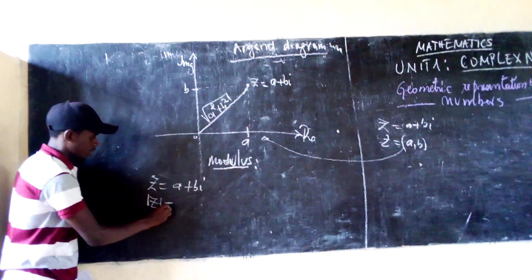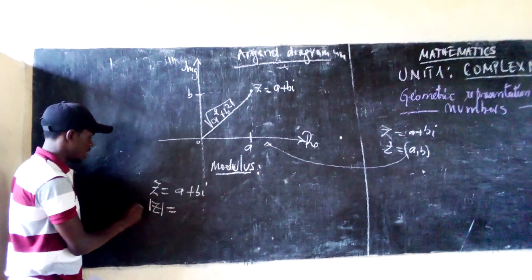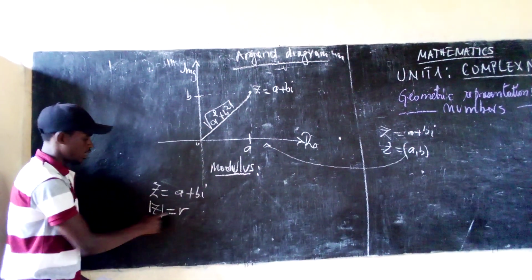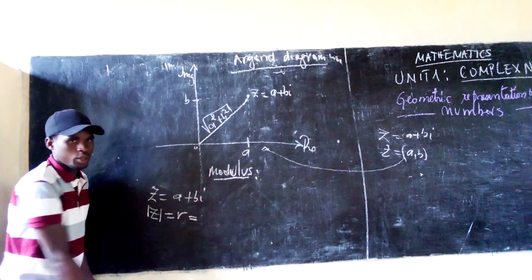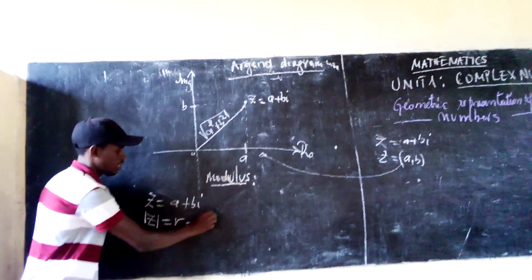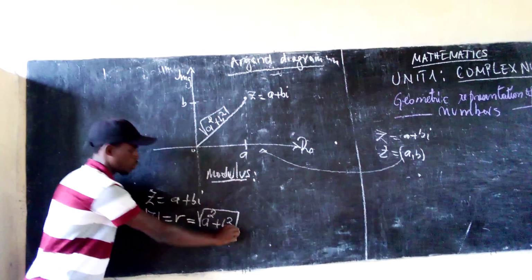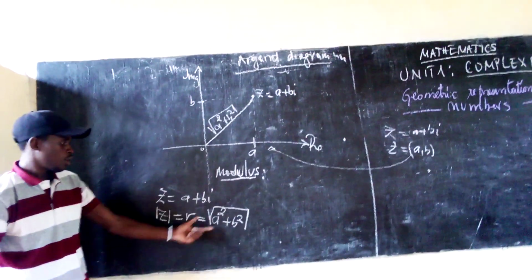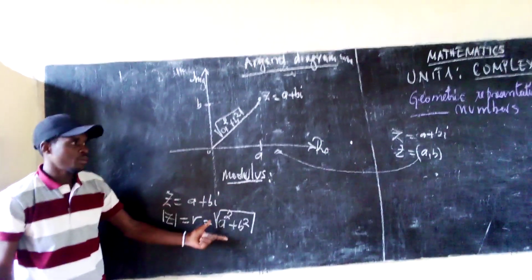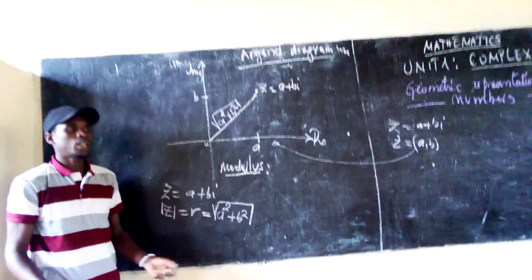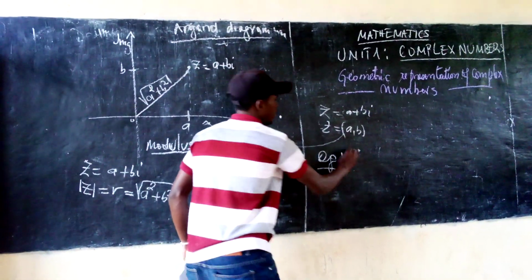The magnitude of a complex number is just the modulus. You calculate it as the square root of a squared plus b squared.